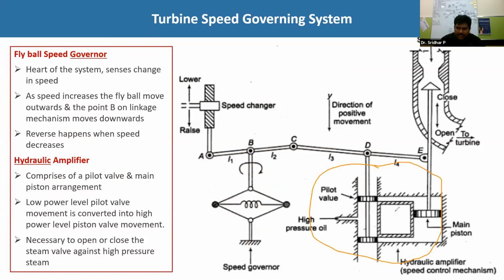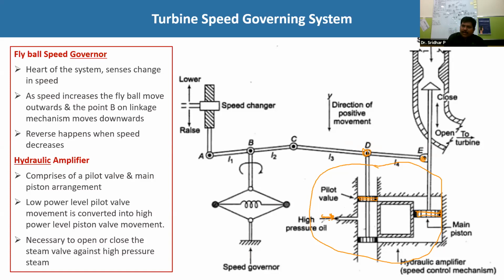In this, you can see this point D and the other point, E. Point D is connected to a small piston valve. This is the piston valve, and this is the main piston. So what happens? See, now this is the small inlet. This is the small inlet.